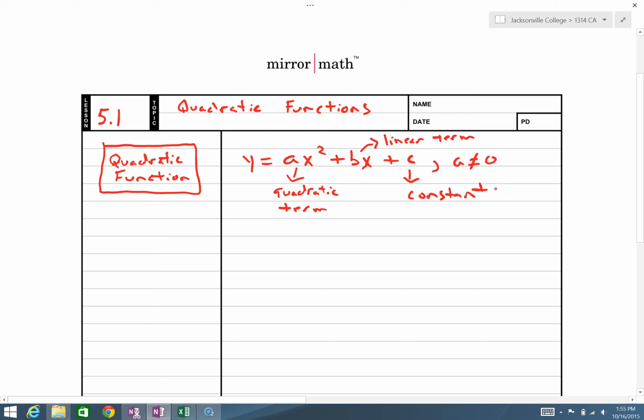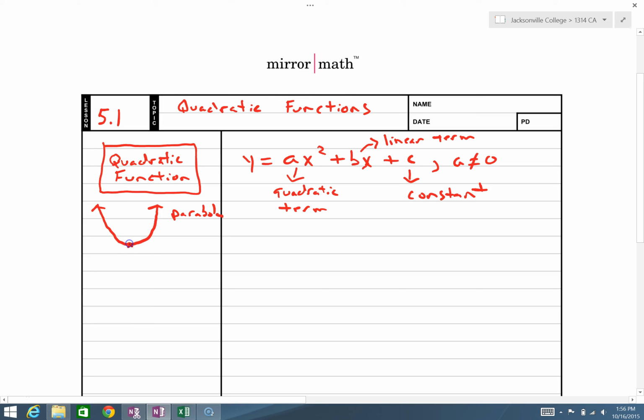A quadratic function produces a parabola. A parabola is a U-shaped curve. There is a point at the bottom when the curve is facing up.